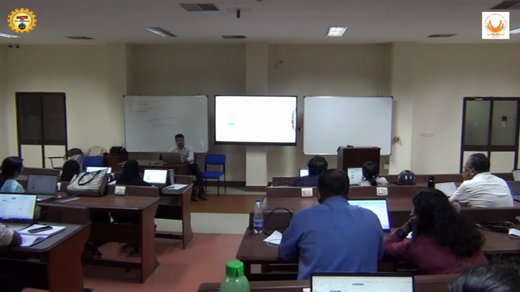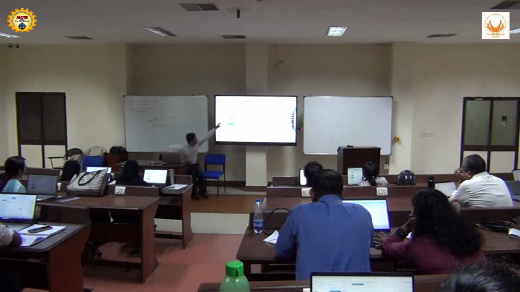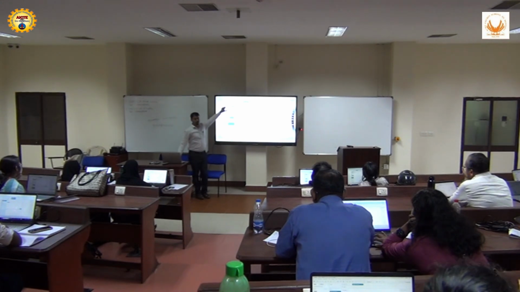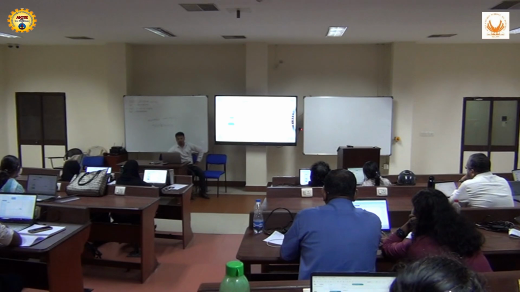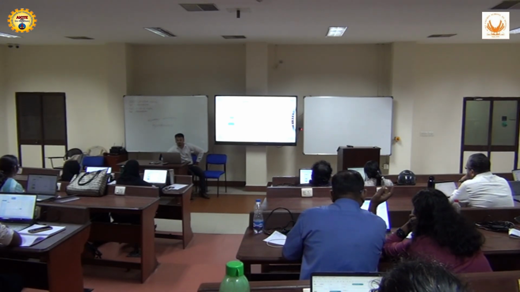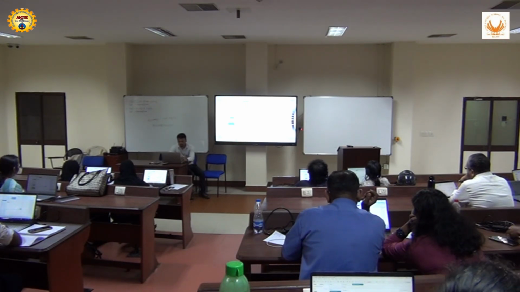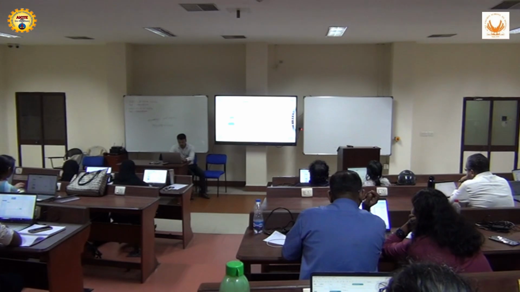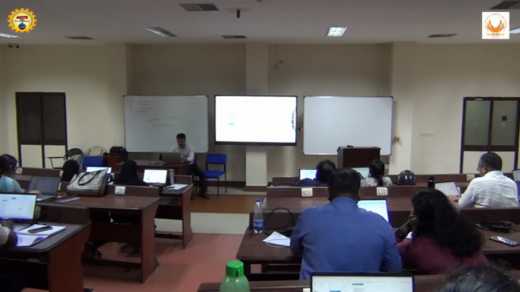So here in the data part, just click here, create calculated field. If you click it, you will get this. This is the variable name. Give attrition count.